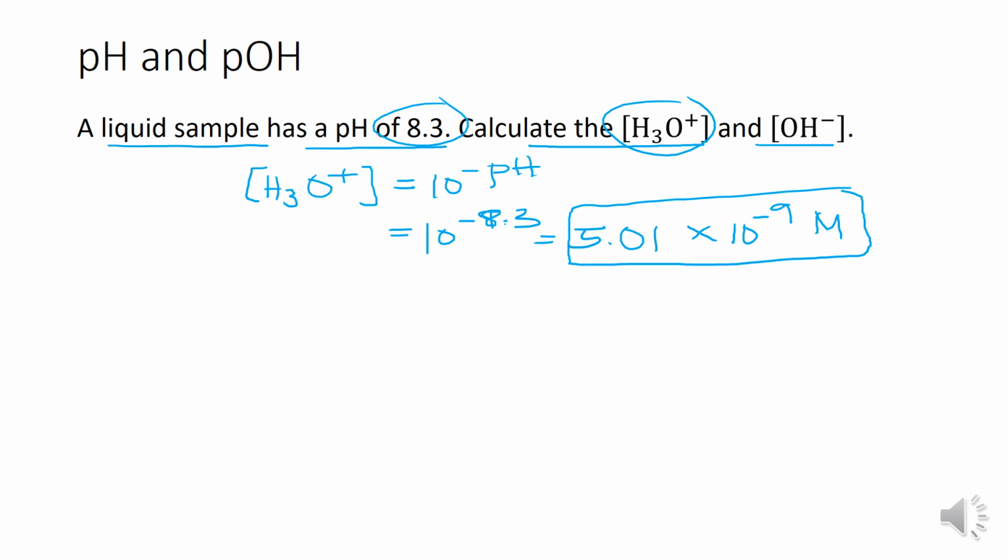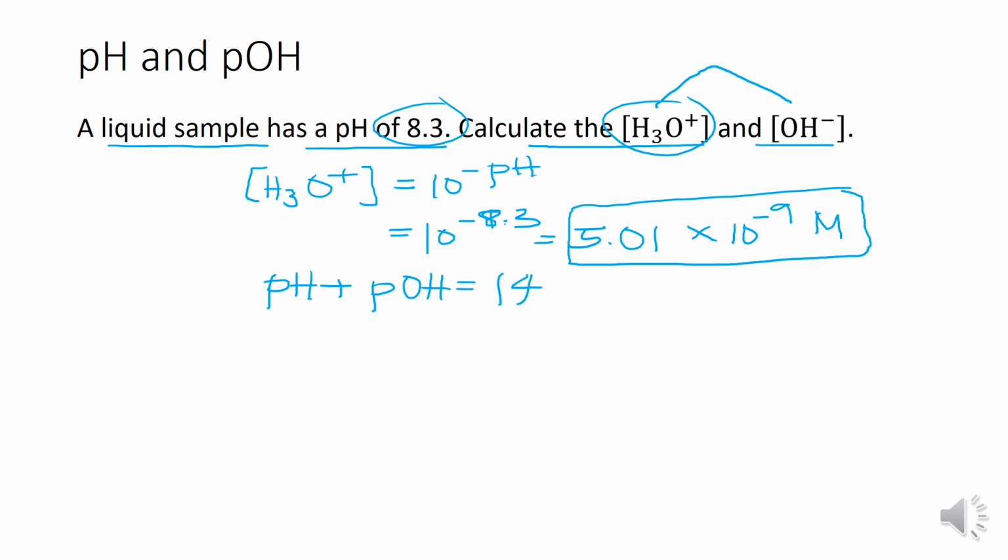Now, for the hydroxide ion, we solved this using the formula relating the two concentrations. But this time, let's try to solve for the hydroxide ion concentration using the relationship between pH and pOH. Remember pH, if we add that to pOH, we should get the constant 14.